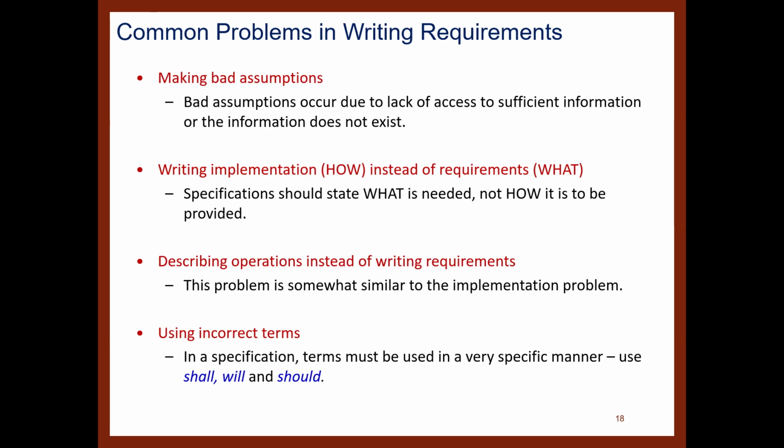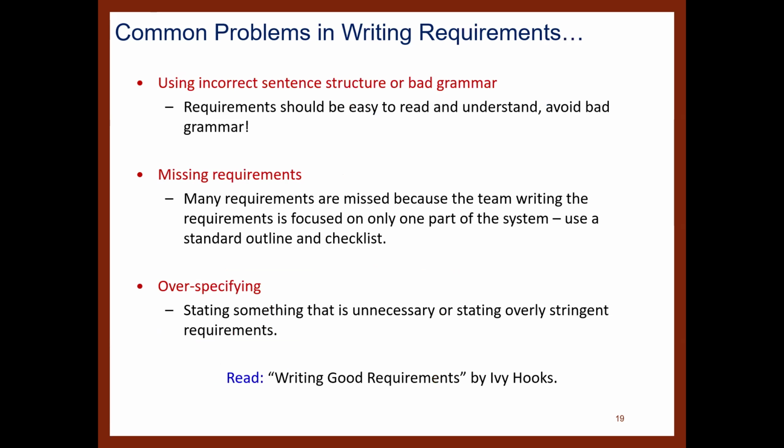Describing operations instead of writing requirements. This problem is somewhat similar to the implementation problem. Using incorrect terms: in a specification, terms must be used in a very specific manner to make sure that you follow these three, as explained already.